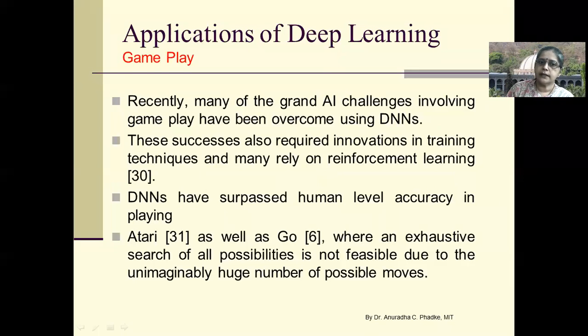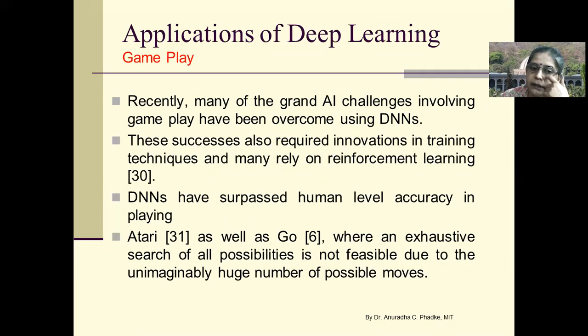Then it also has applications in games. Recently, many of the grand AI challenges involving gameplay have been overcome using DNN. These successes also required innovations in training techniques, and many rely on reinforcement learning. Basically, for gaming, your specific action depends on many previous actions.